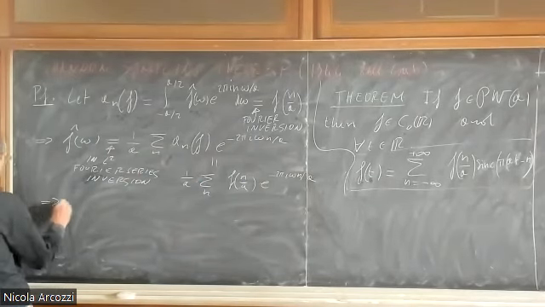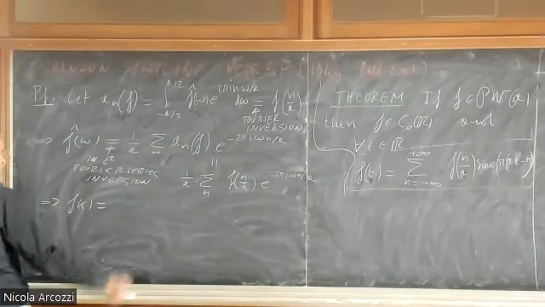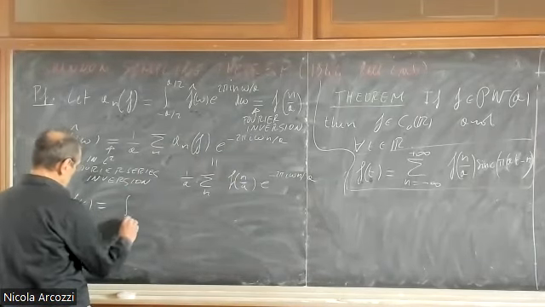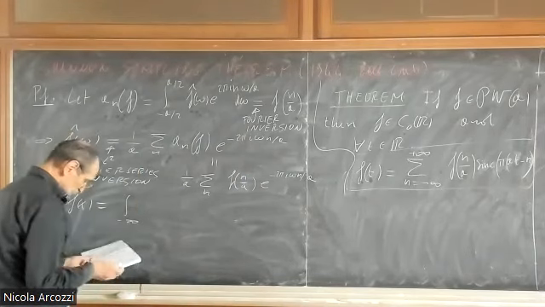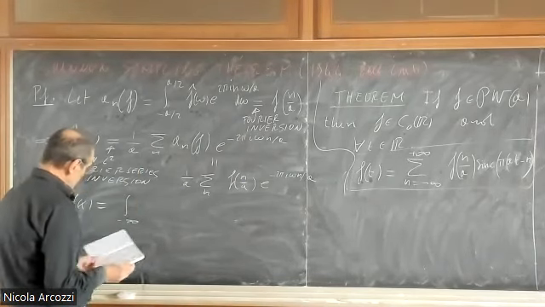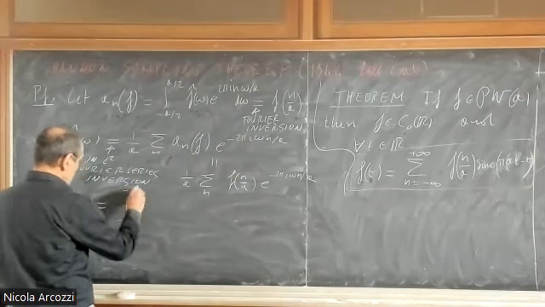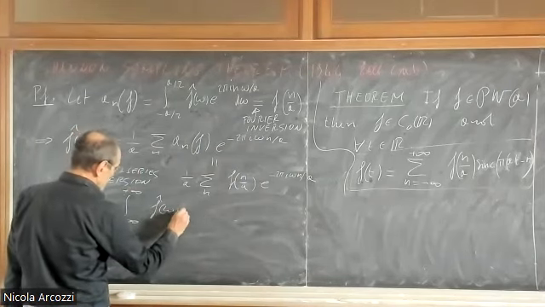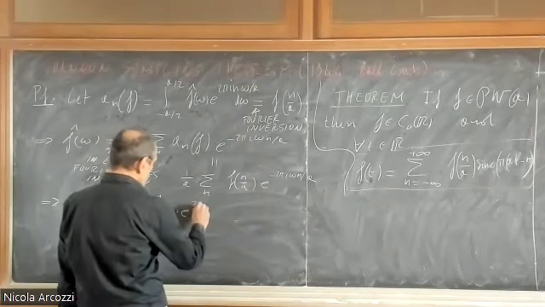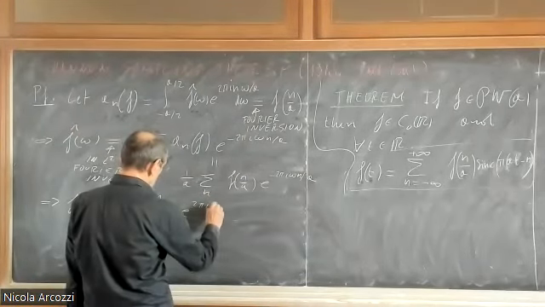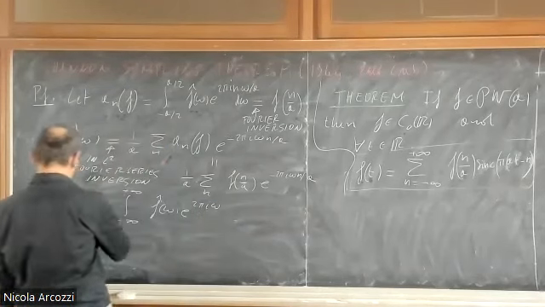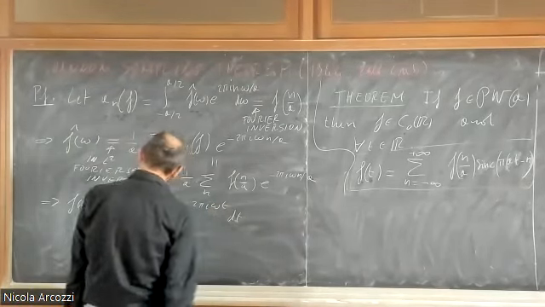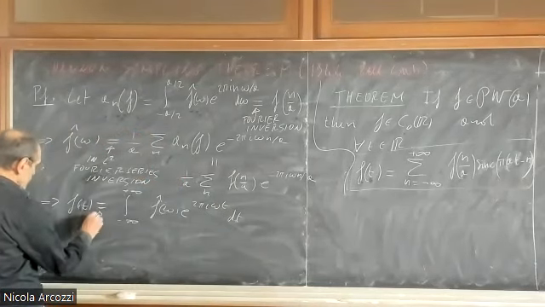Well, now I reconstruct f. So f of x is equal to the integral from minus infinity to plus infinity of f hat of omega times e to the 2 pi i omega x d omega, and that's still Fourier inversion.